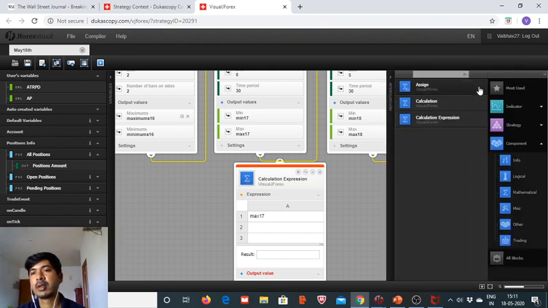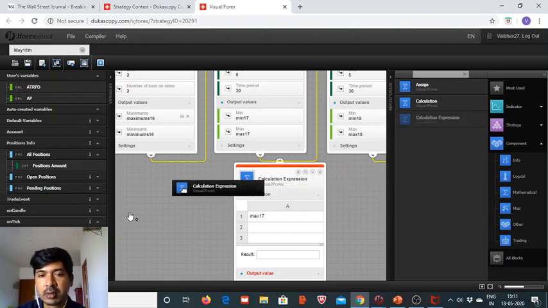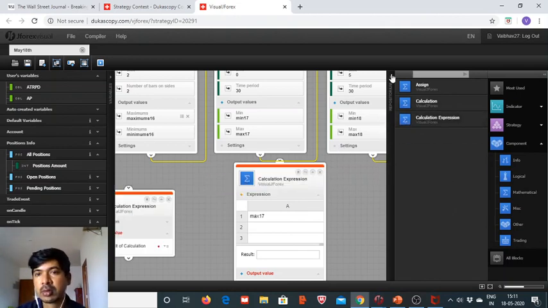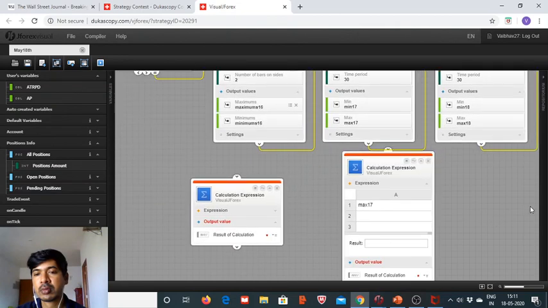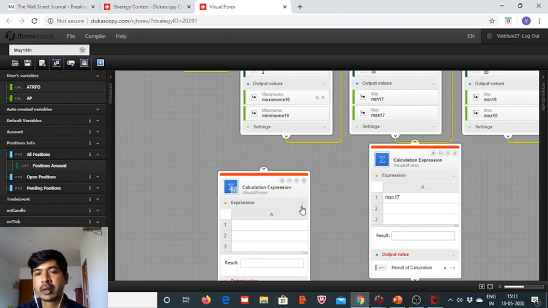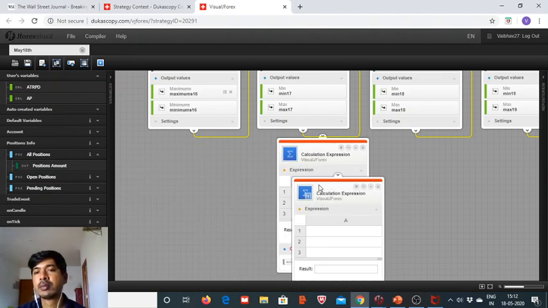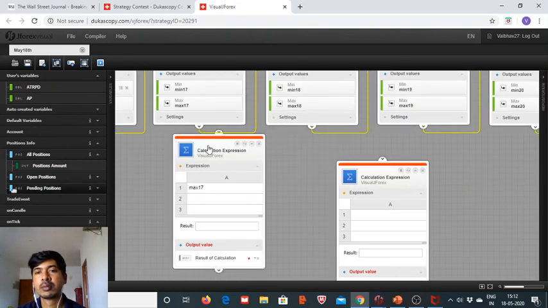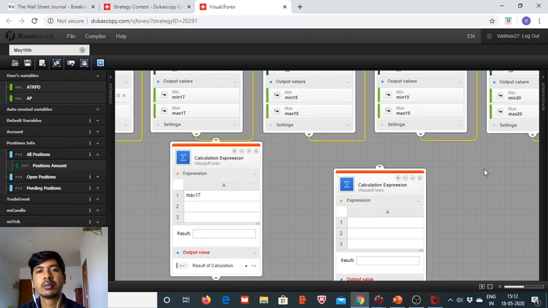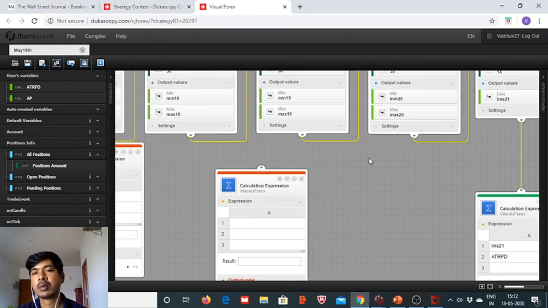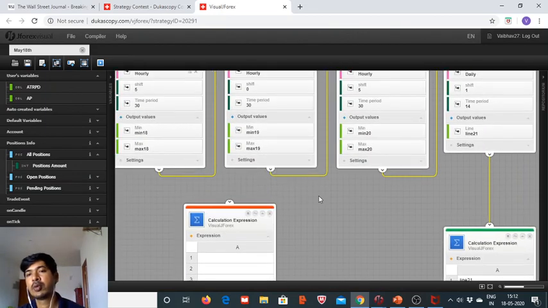Maxima 17. We need to take one more calculation expression, and that will be from the lower level of the low value.